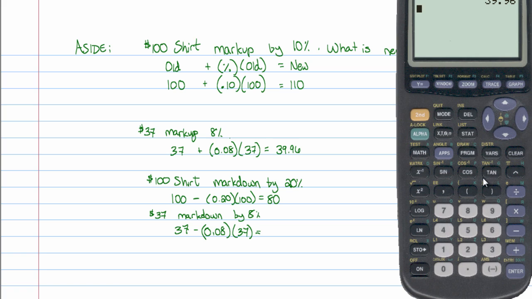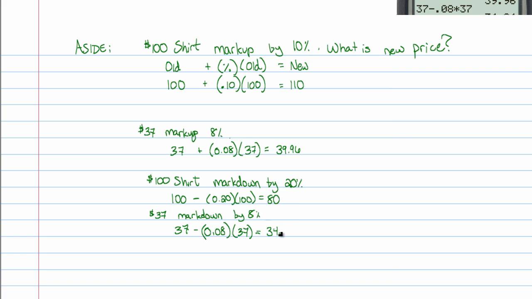So let me figure it out. 37 minus 0.08 times 37. Notice these look exactly the same except for the plus and the minus. One's a markup, one's a markdown. $34.04. Well, that makes sense, I guess. That seems to make sense to me.